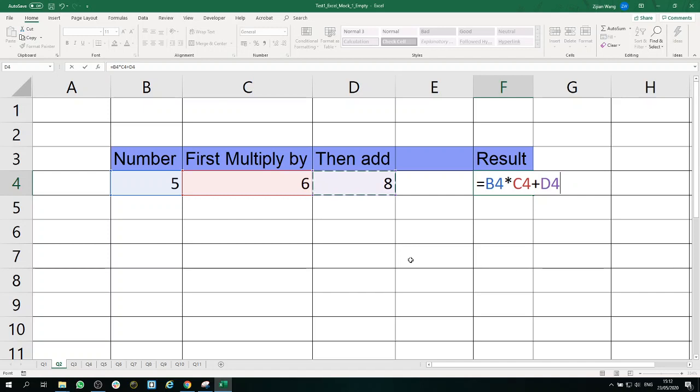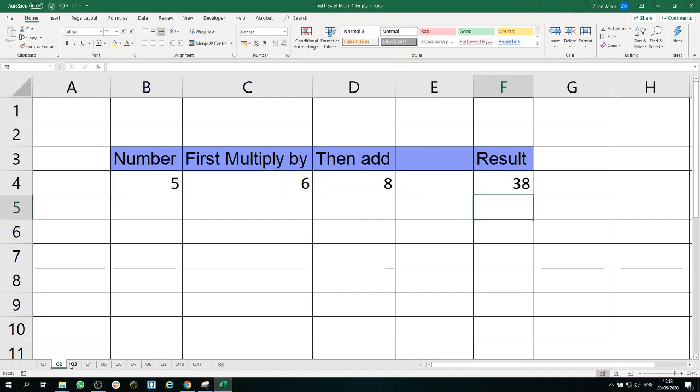So this is quite straightforward. We got the answer. But for the upcoming ones, make sure you read the instruction on the syllabus as well to make sure that you know what the question is asking for. 38 is the result, and this is the answer.